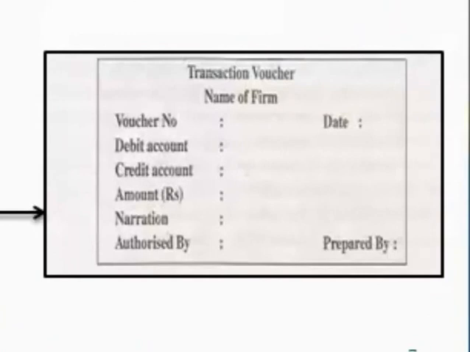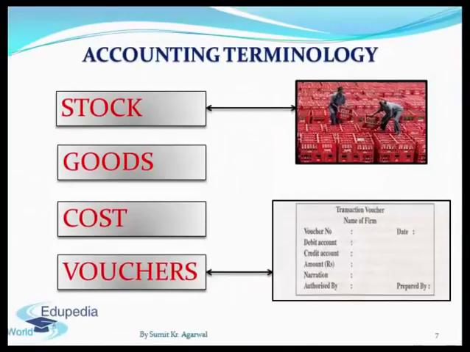The details we mention in voucher are like voucher number, the date of voucher or the date of transaction, then the debit account, the credit account, the amount which needs to be entered, the narration or basically a short detail about the transaction, then who has prepared it, he needs to sign this voucher, then the authorized person for the transaction, he or she needs to sign the voucher. So this documentary evidence is known as voucher.